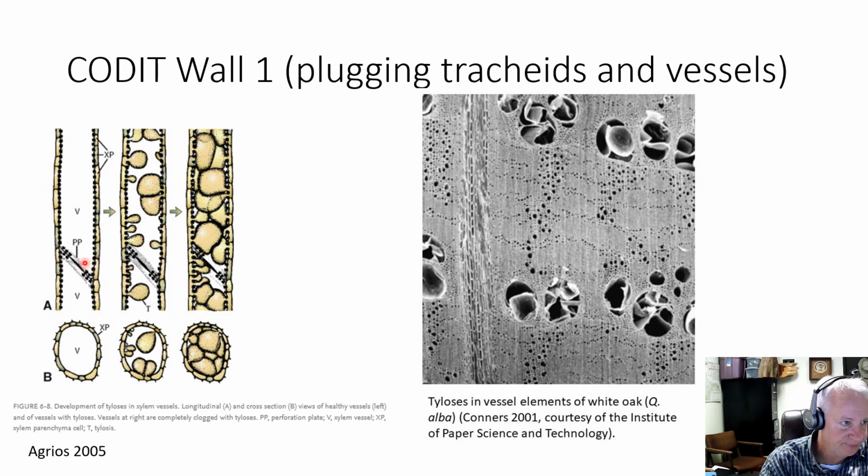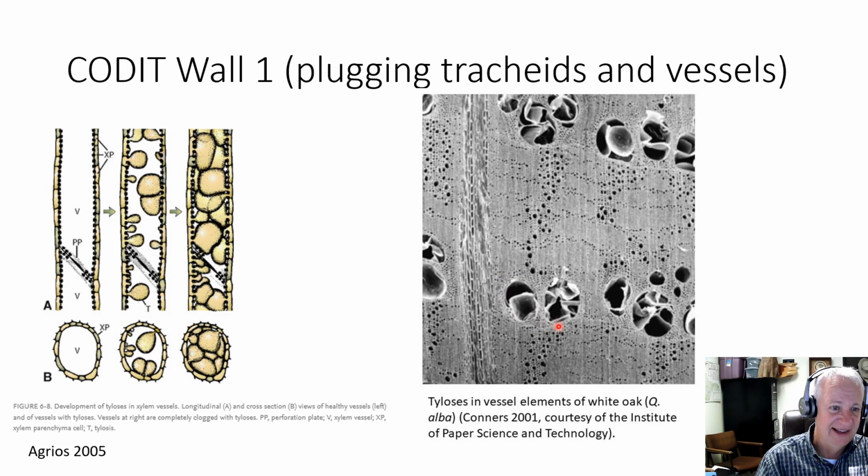Here we're seeing these vessel elements, and this is the formation of tyloses that are formed basically by ingrowth from ray parenchyma into vessels. And that eventually clogs or blocks the entire vessel element and forms a plug.